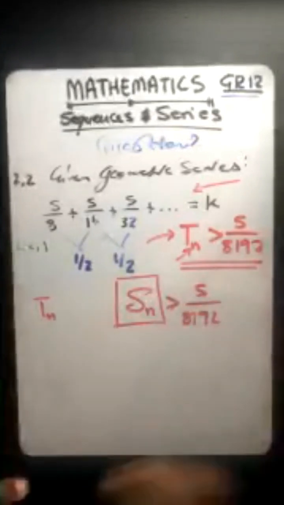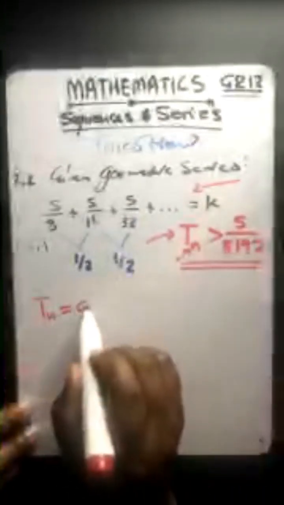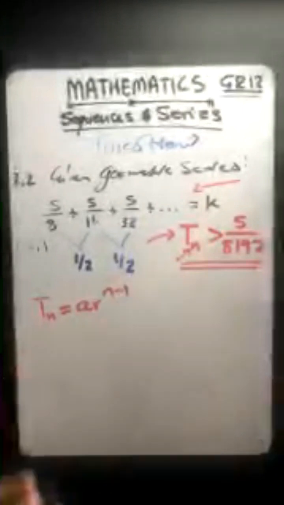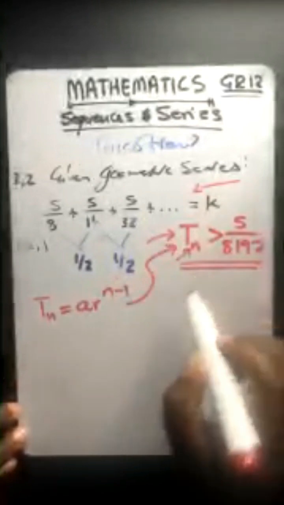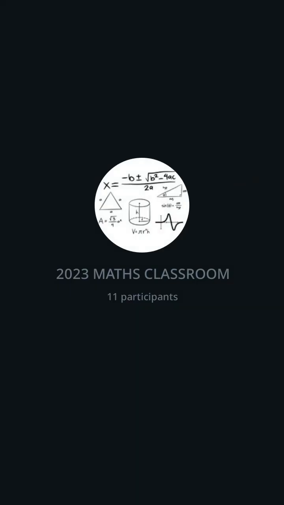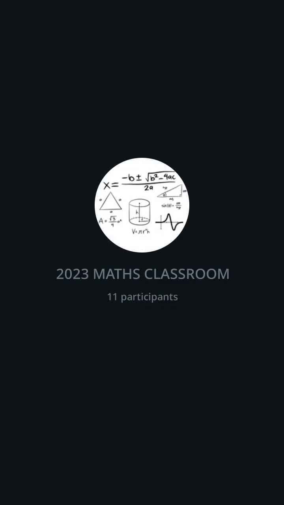And when it comes to Tn, we know since we're dealing with a geometric sequence, the formula is a r to the exponent n minus 1. So that is why I'm saying you will just take the formula and substitute there, a r to the exponent n minus 1, where it is greater than that. So let's substitute. What is our a value?